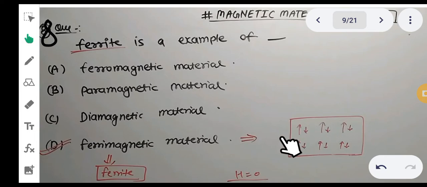I just drew this one for us to know the reason why it is a ferrimagnetic material, due to the arrangement of the dipole moment. See how the dipole moment is arranged. So normally ferrites are arranged in the same way as a ferromagnetic material is arranged. That's the dipole moment.